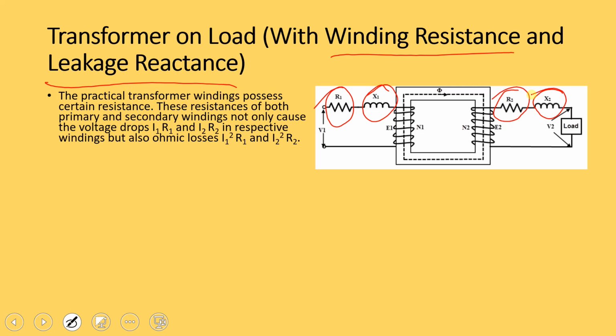The practical transformer winding possesses certain resistance. These resistances of both primary and secondary windings cause the voltage drops I1 R1 and I2 R2 respectively in the respective windings, but also ohmic losses.